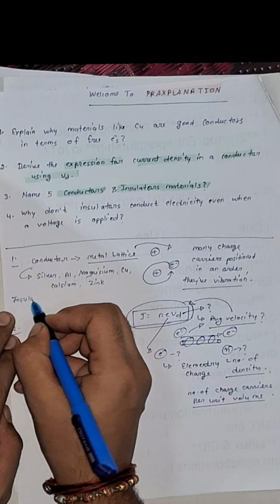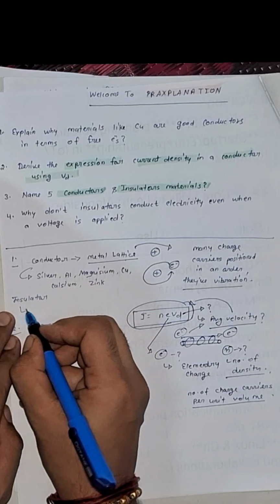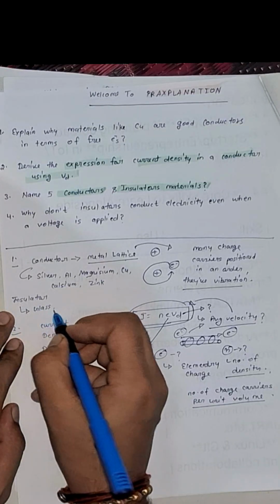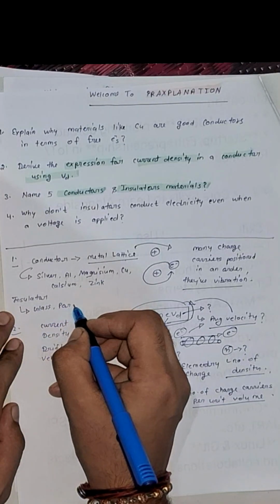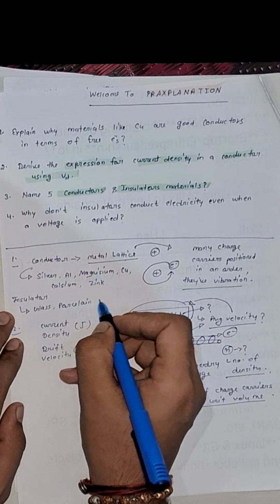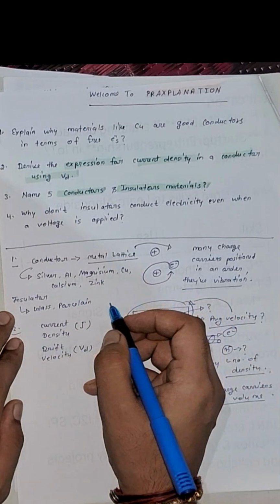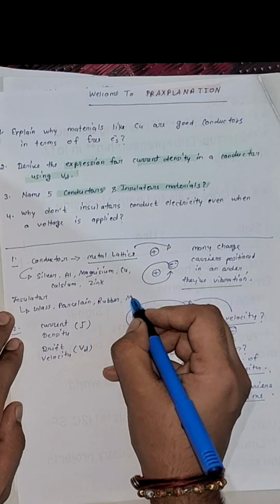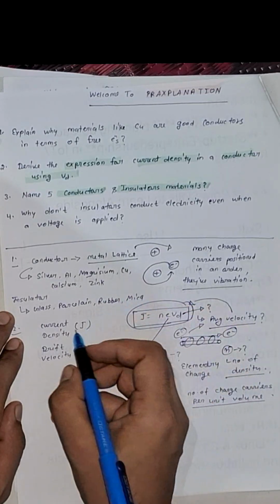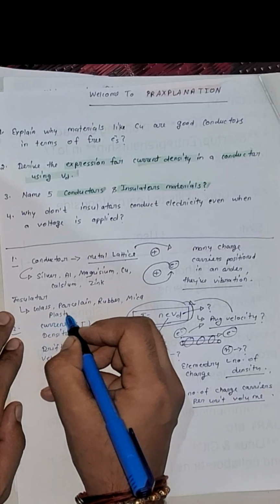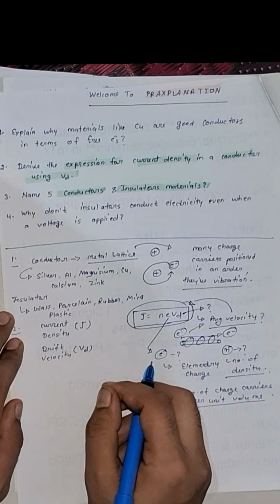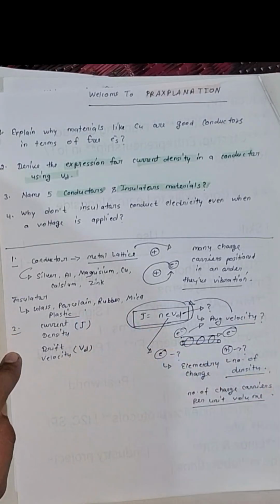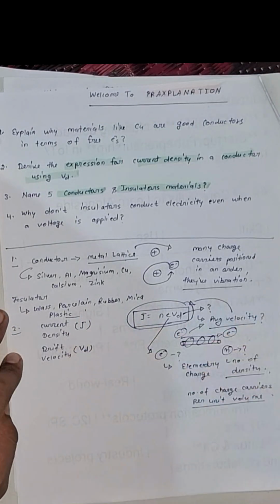And if we talk about five insulator materials, they are glass, porcelain, which we can also say ceramic, rubber, mica, and plastic, and in plastic we can add PVC, Teflon, etc. There are so many examples of insulators and conductors.